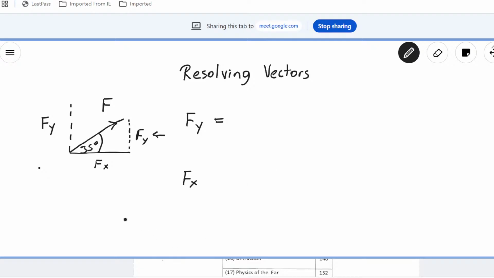It's a triangle, so it's just trig ratios again.